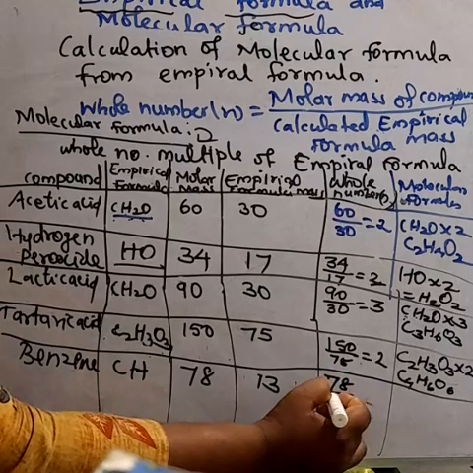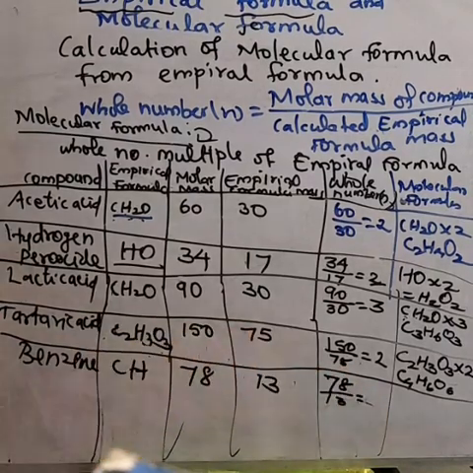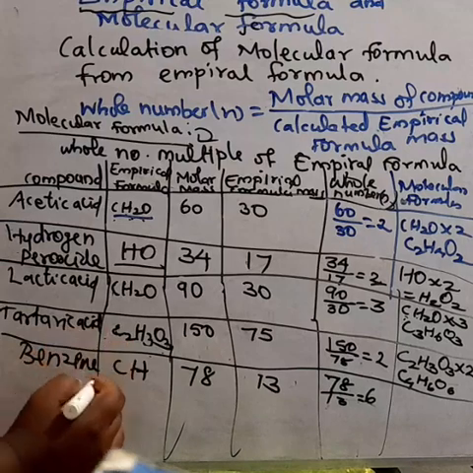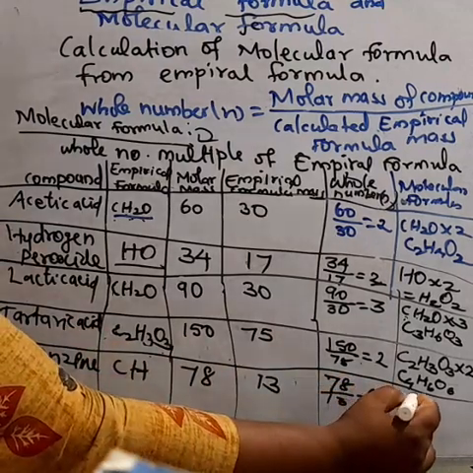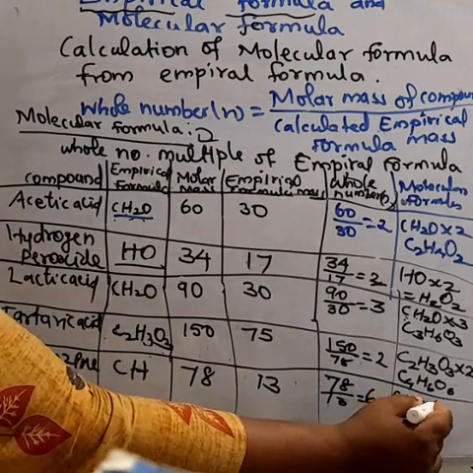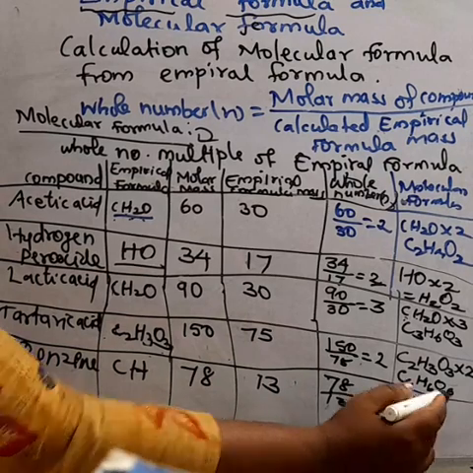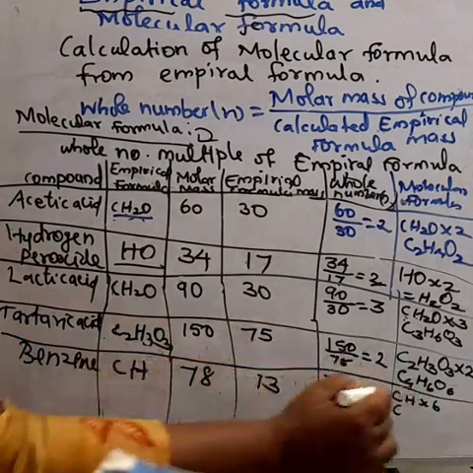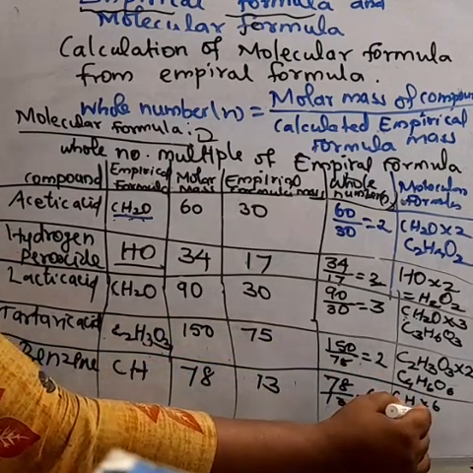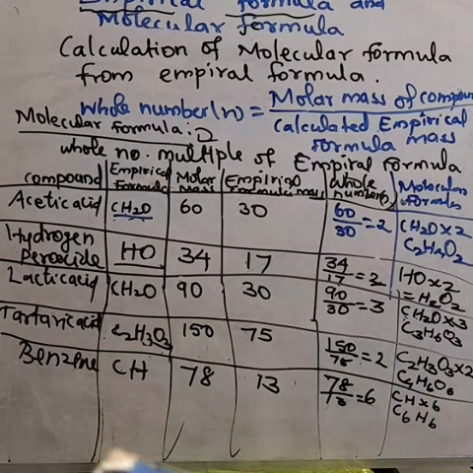Dividing the molar mass by the empirical formula mass, 78 by 13, we get 6. What is the molecular formula? Multiplying the empirical formula CH by 6, we get C6H6. Carbon 1 into 6, C6. Hydrogen 1 into 6.